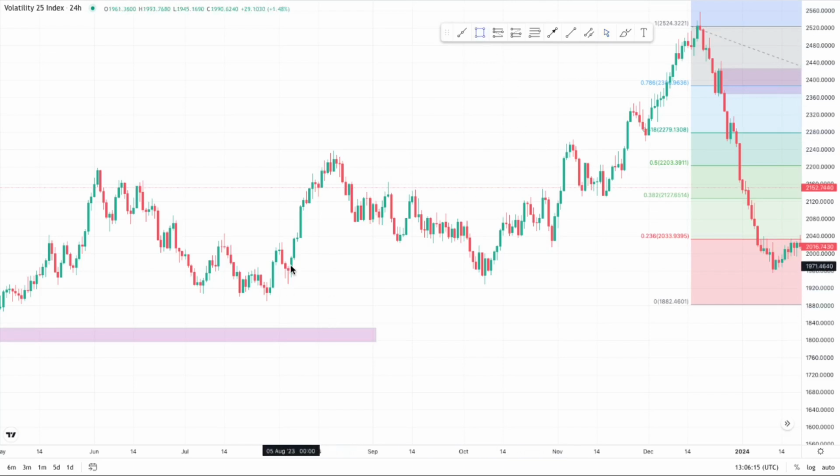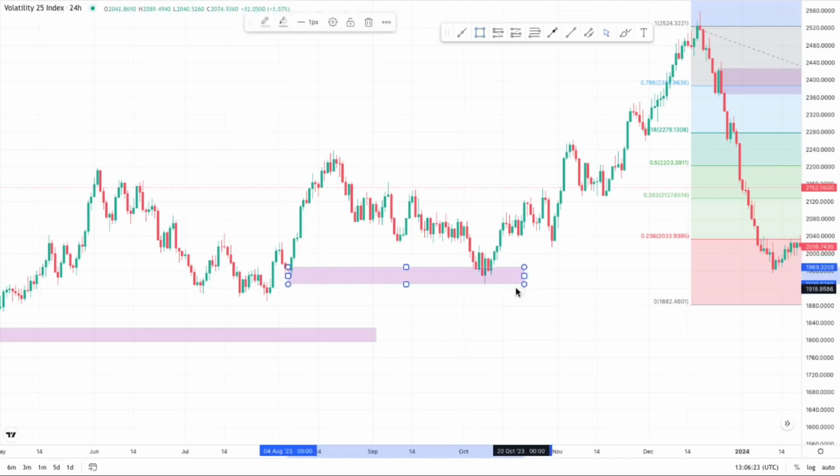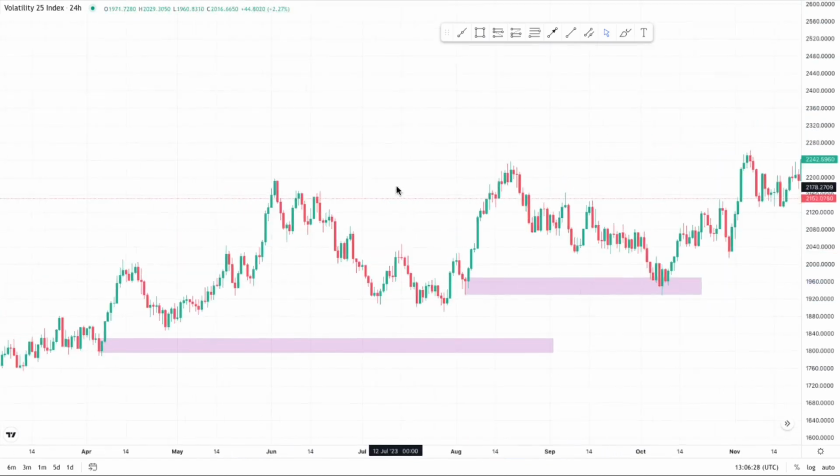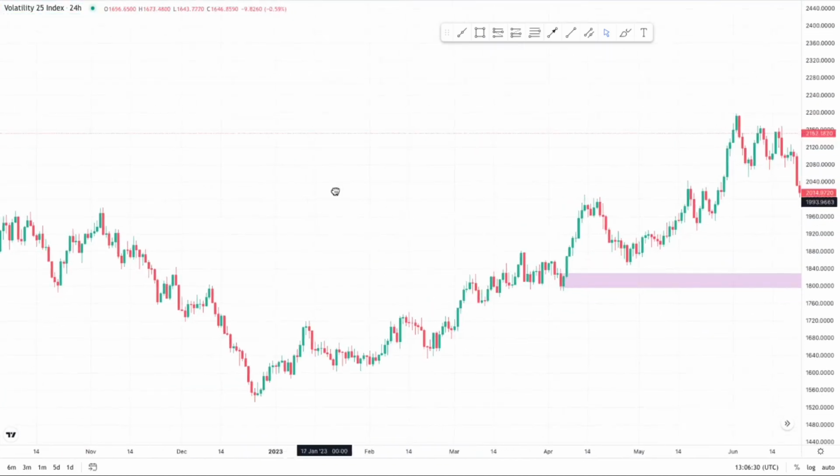This is a bullish order block as well, since it is the last bearish candle before this upward movement. If price comes back into this order block, we expect to buy, and you would make a lot of money.